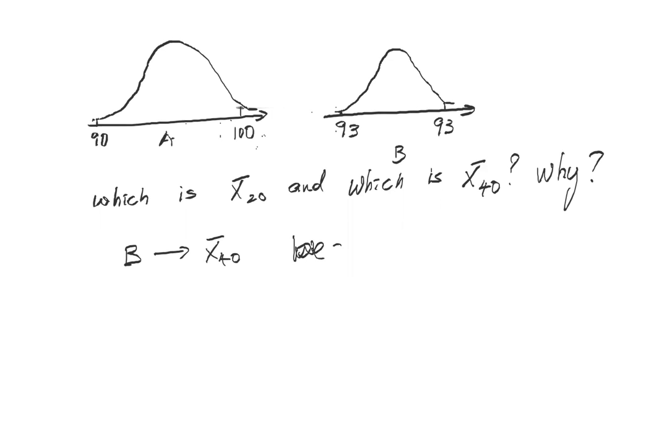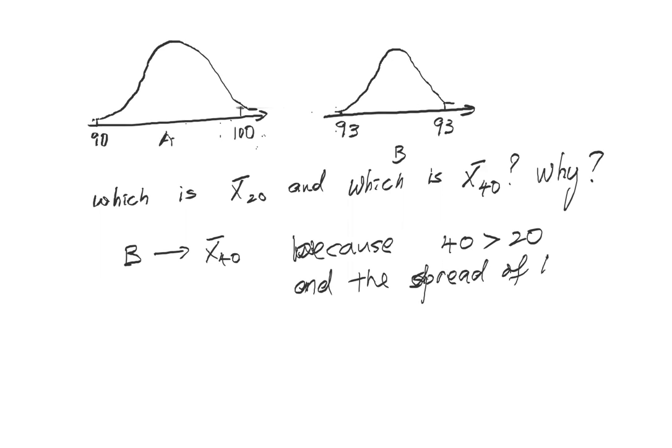Because 40 is greater than 20 and the spread of B is smaller than A. The bigger the sample size, the better the sample represents the population. So the sample mean distribution will have a smaller spread.